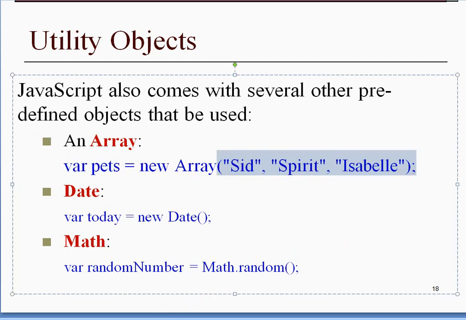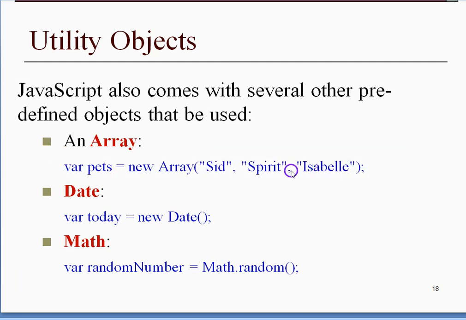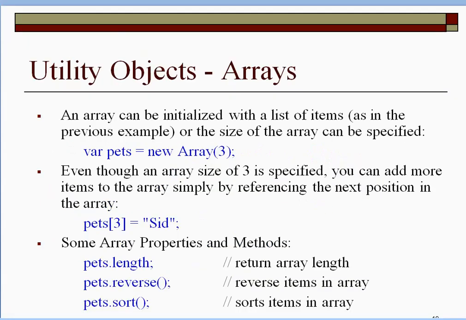A date, and math, like a mathematical random function such as a random number generator. In this example, the array was initialized with these 3 values. However, you can also initialize a variable as an array to empty. So this one here is going to be a new array of size 3, but it will be blank.